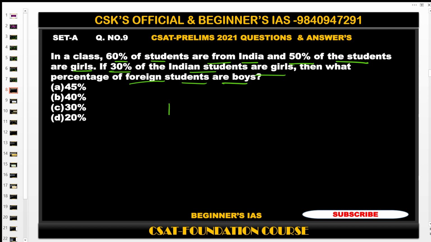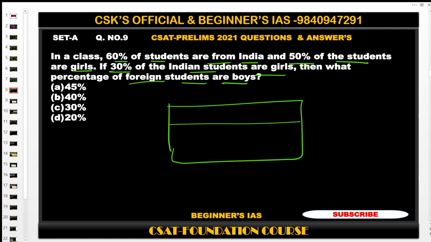So the logic behind this is, first of all, make a table. If you make a table, then you will get it in an easy manner. I'm splitting the terms as girl, boy, and then splitting as Indian and foreigner. Simple logic.